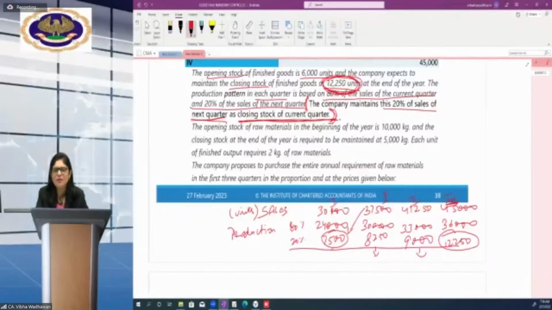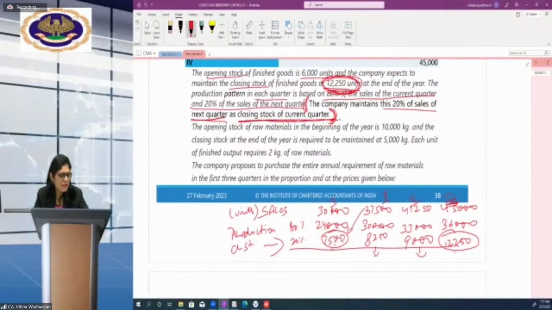So that must be the 20% of the sales of the next quarter. All right. So some information has to be hidden in the question. You have to give the right interpretation to what information is given in the question. So this line explains that the 20% sales of the next quarter we have taken as the sales of the current quarter, and this 20% is also the closing stock for the current quarter. So for the last quarter we have been given the closing stock, that directly makes it 20% sales of the next quarter only. All right.